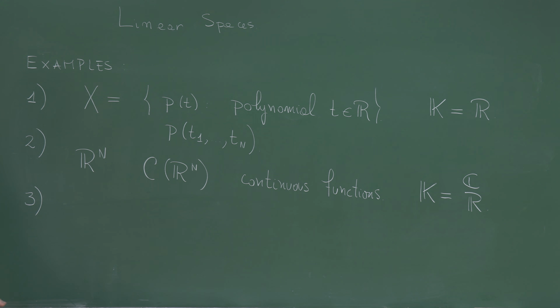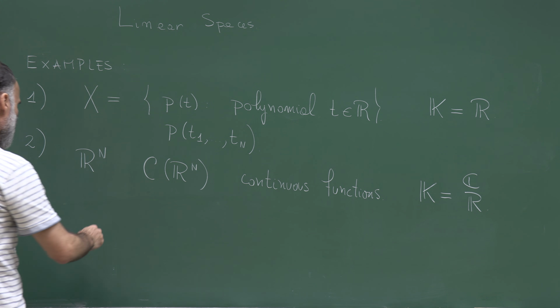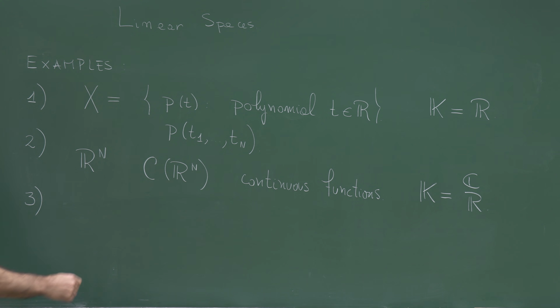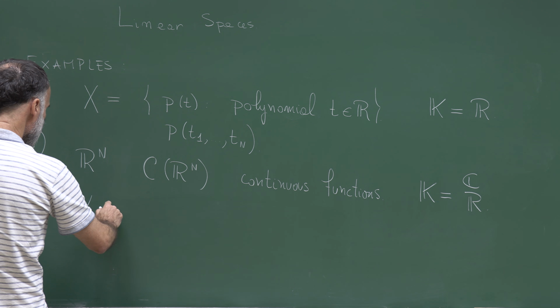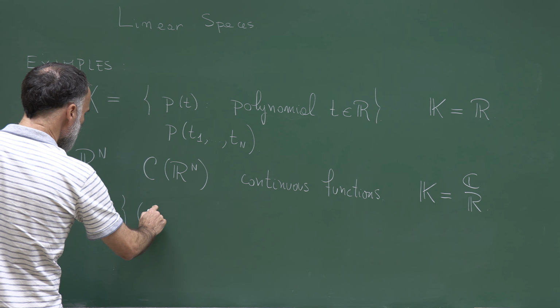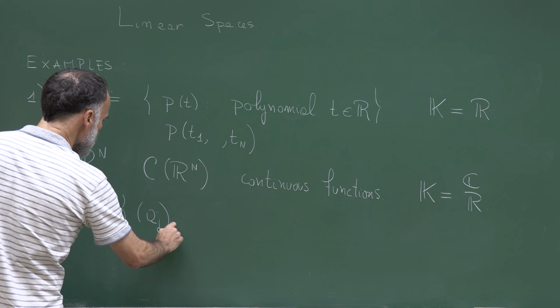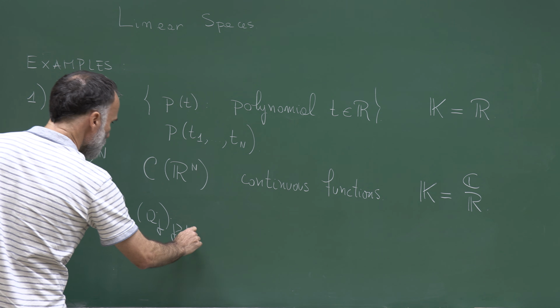A third example, which also will appear quite often, is the space of sequences. So you take X to be the space of sequences a_j for j larger than 1.